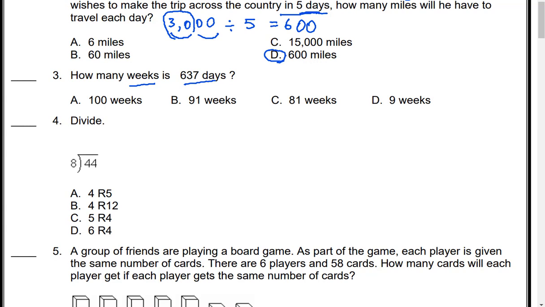The week is 7 days. So we need to divide 637 by 7. Why 7? Because in each week we have 7 days.